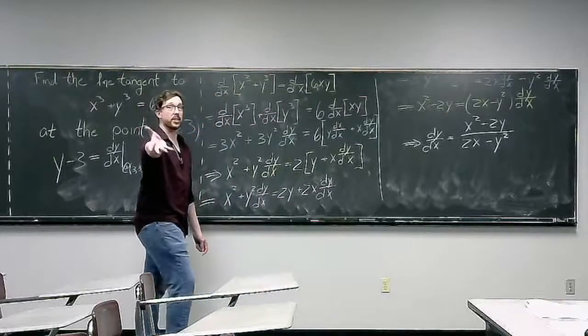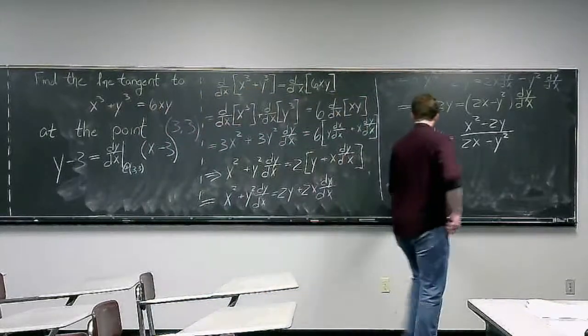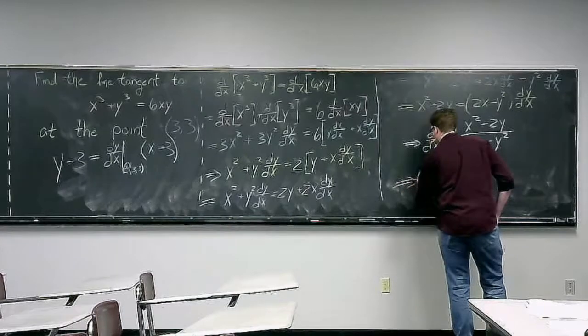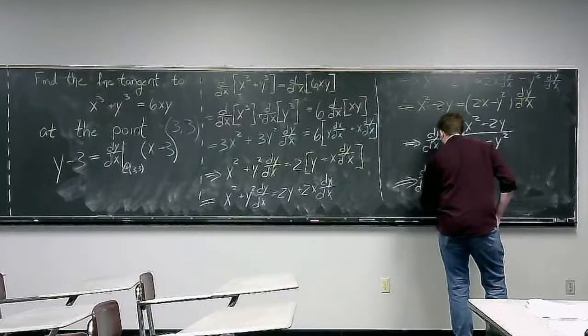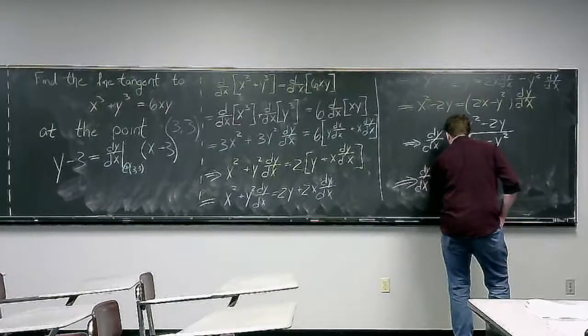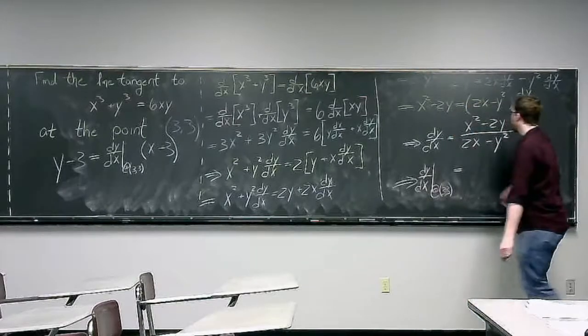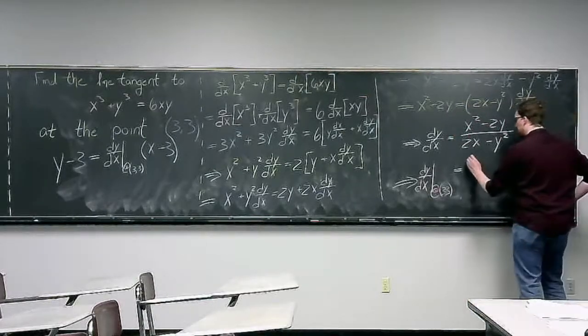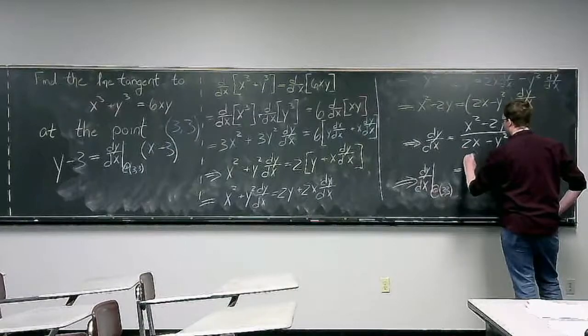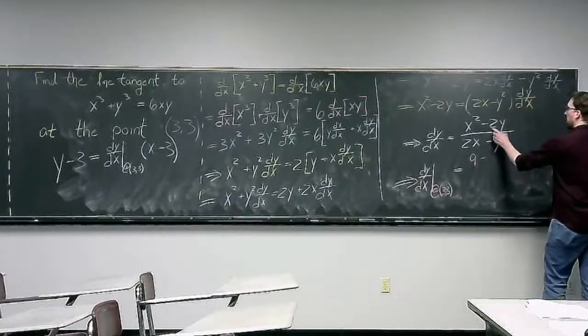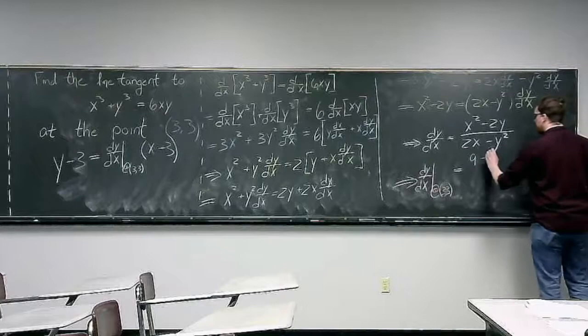Well, if that's the case, then dy/dx at the point (3, 3) is going to be equal to 3 squared, so just 9, minus 2 times 3 is 6.